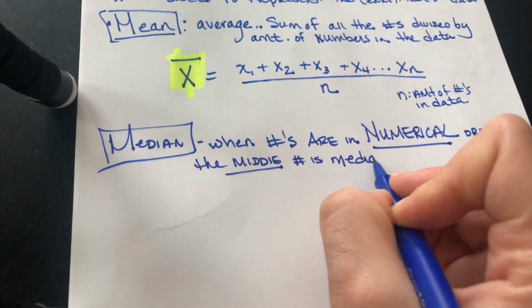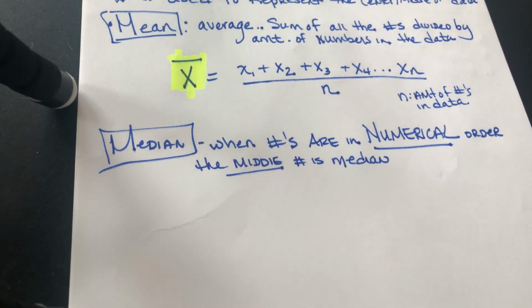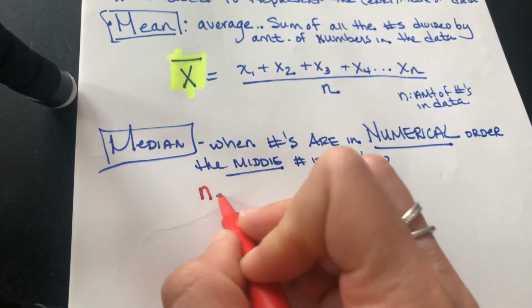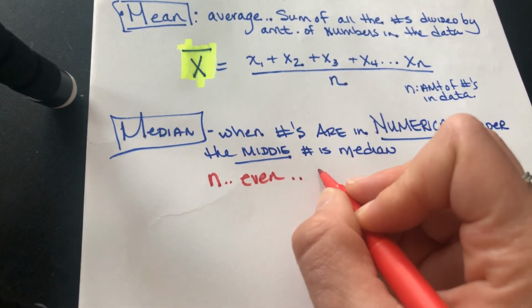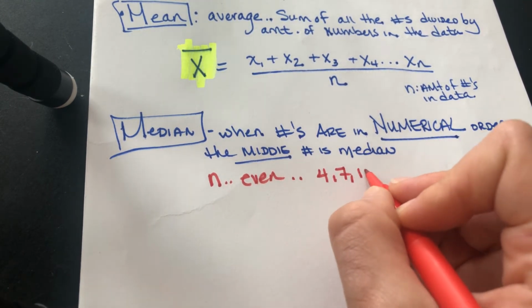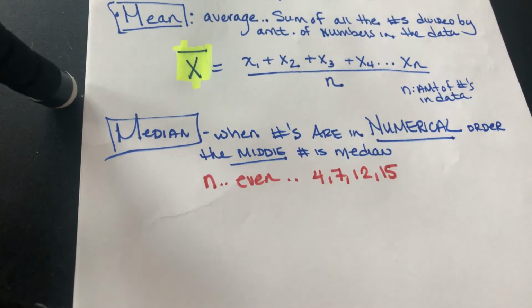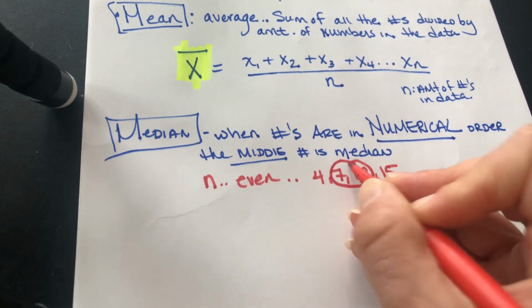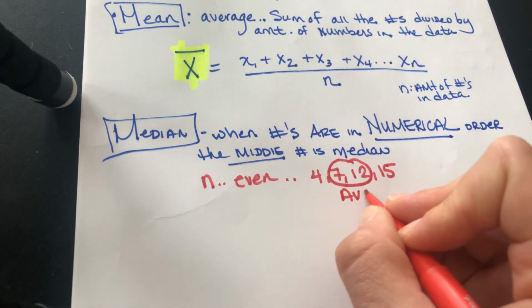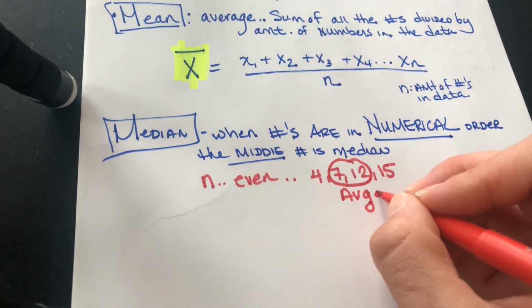Now, we have a couple of different scenarios that could arise. We could say if n, which is how many numbers there are in your data set, is even. For example, 4, 7, 12, 15. You have an even set of numbers. Well, you don't have an exact middle, so what you do is you take the two middle numbers and find the average of those.